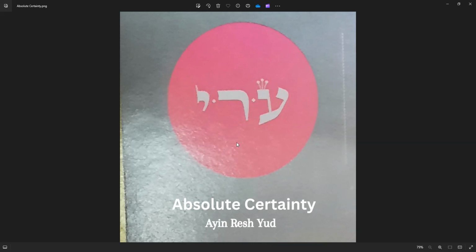And suddenly I heard or felt, I can't explain it, I heard, I felt, it doesn't matter, that I should do the torsion field. And I began to do the torsion field, and suddenly I saw the absolute certainty symbol. Again, you're moving from right to left, Ayin, Resh, and Yod.